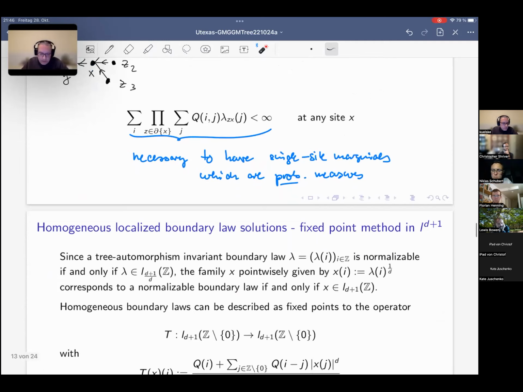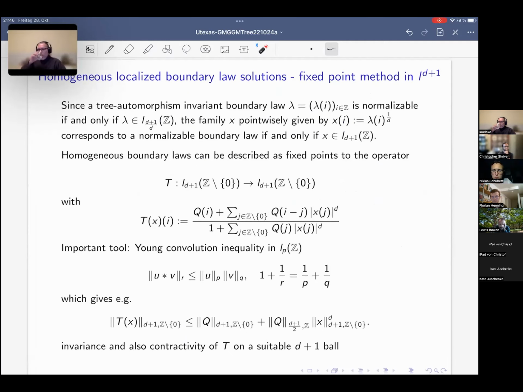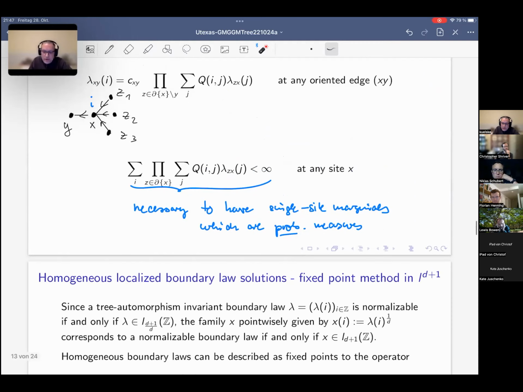Let me start to give you some idea in this homogeneous localized boundary law solution business, to prove the first theorem that you have in the strong coupling regimes, these tree automorphism invariant things. So we're looking for the boundary law equation now for something which does not depend on the edge.